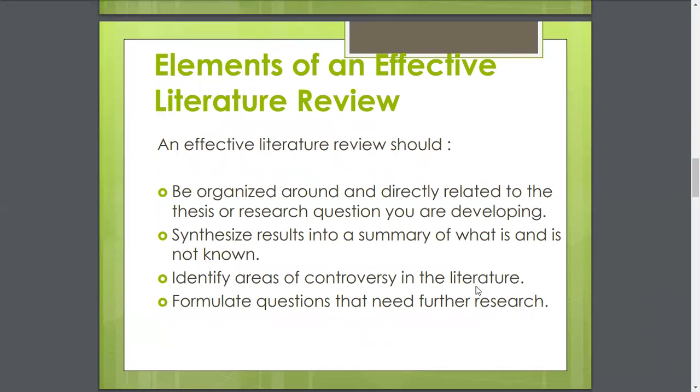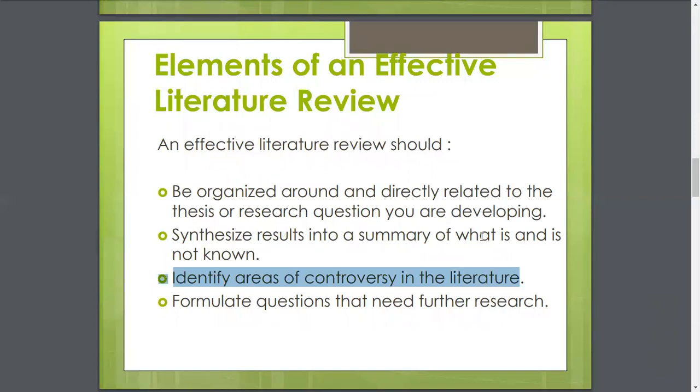Okay. So here, what to take into account to create the literature review. Number one, you need to be very organized, right? Related to the way in which you're going to explain all these studies. So therefore, you're going to create a summary about it from the introduction to the conclusion, right? And here you're going to identify areas of controversy inside the literature.